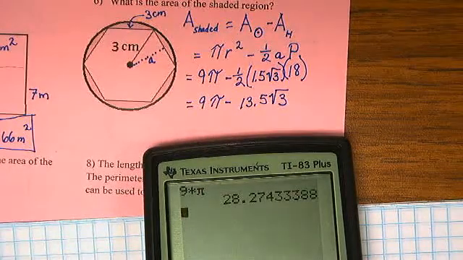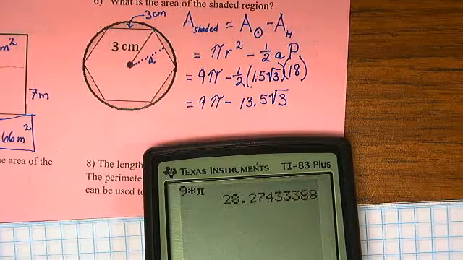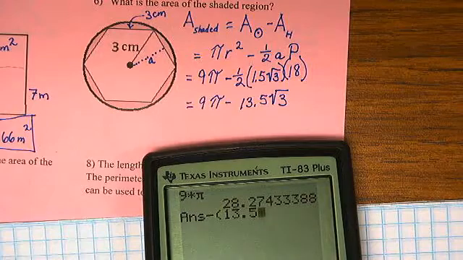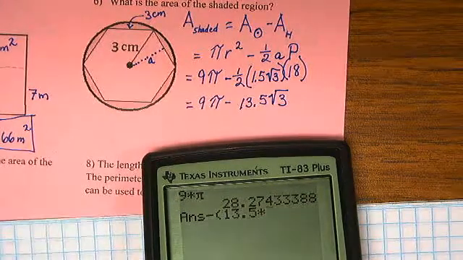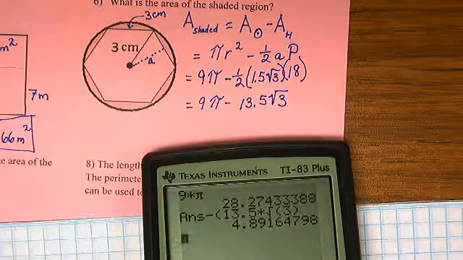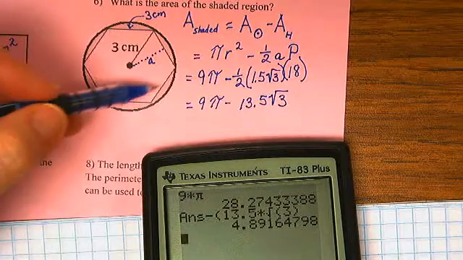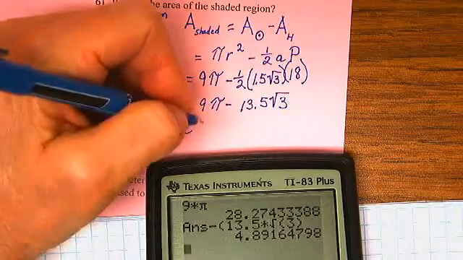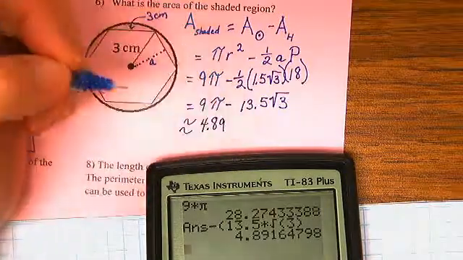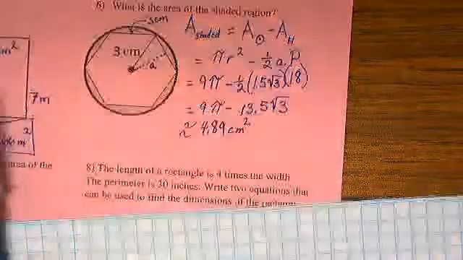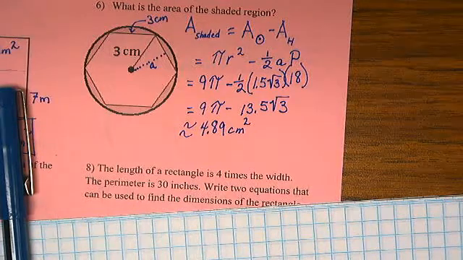I can take that answer and subtract 13.5 multiplied times the square root of 3, and the area of the shaded region is a fairly close approximation to 4.89 square centimeters. Good. It's several steps, but it is not a hard problem. It's just interesting.